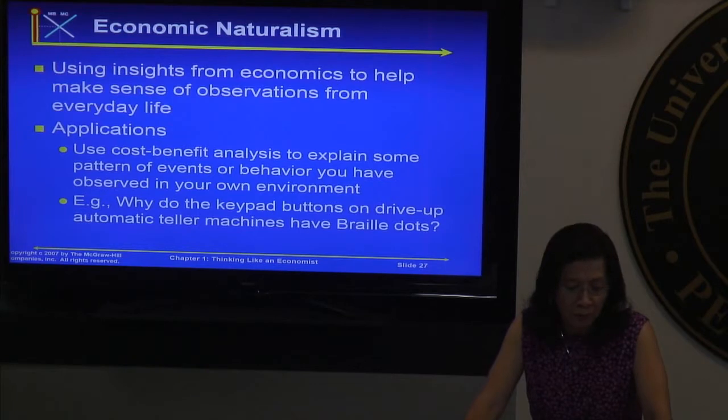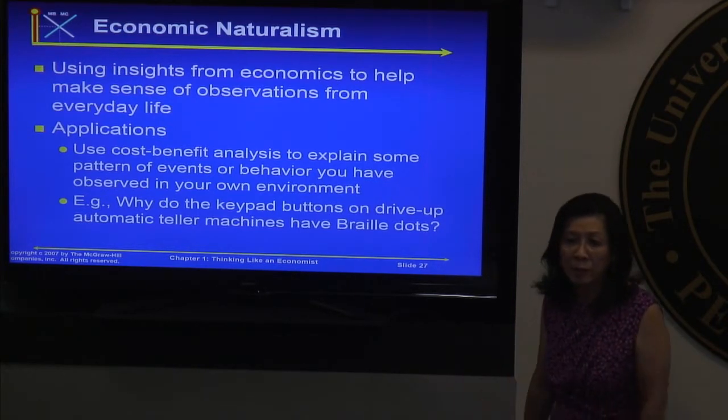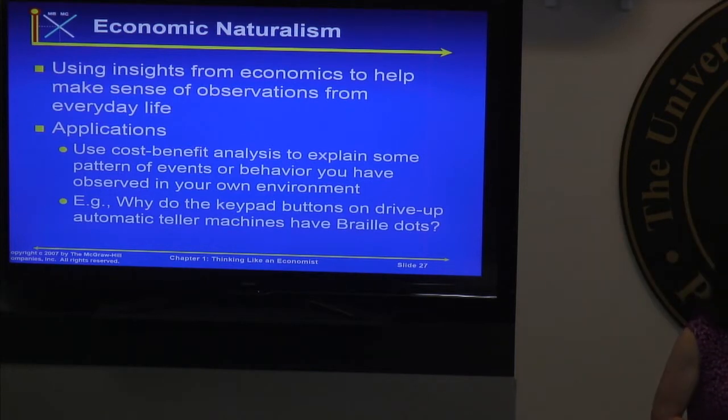PowerPoint slides are more for me, to explain the concept to you, but to get a little bit more in-depth, you really have to read the book. The best thing is to read the book even before the instructor goes over it. And then when I explain it, all these concepts become clearer, and you could ask better questions too.